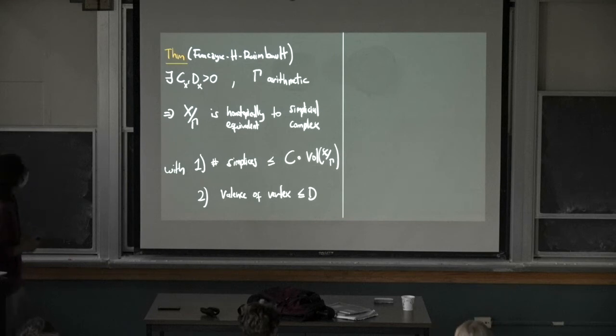It says that there exist two constants C and D such that for any arithmetic lattice gamma, this manifold X mod gamma is homotopically equivalent, actually it should be homeomorphic, but we get homotopically equivalent, to a simplicial complex where the number of simplices is controlled by the volume, and the valence of each vertex is bounded by a constant independent of gamma.